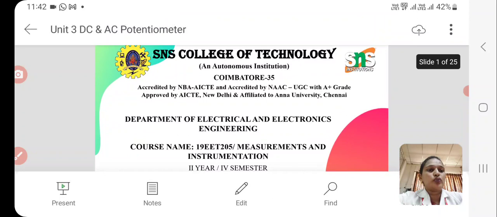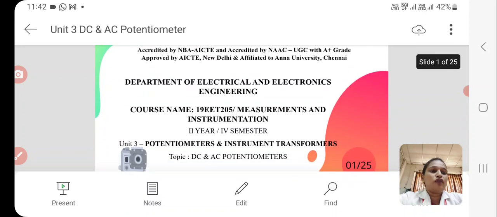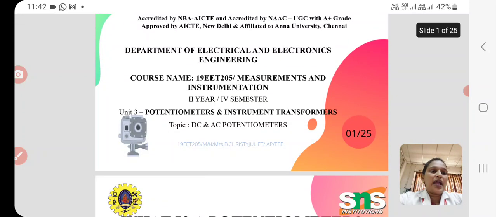In module 2 we discussed the measurement of energy and power. In module 3 we are going to deal with the measurement of unknown EMF and measurement of current and voltage in high power applications. So module 3 is all about potentiometers and instrumentation transformers.